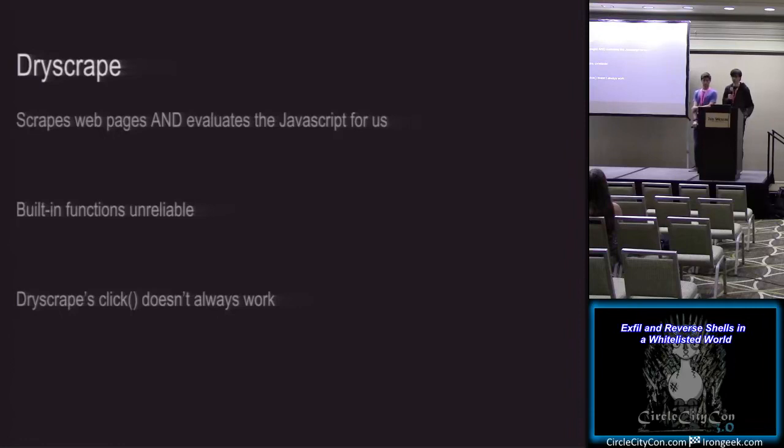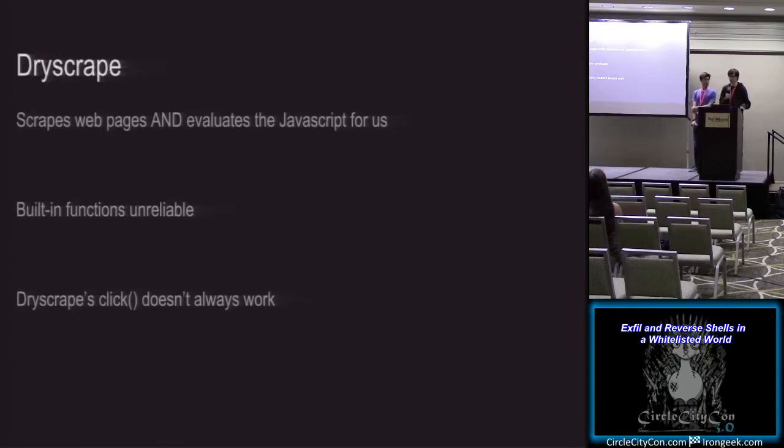DryScrape is really nice because it lets us do this and it lets us run our own JavaScript. But the built-in functions were kind of unreliable. Like DryScrape has this click function which lets you click buttons on the page, but we found that this didn't always work and it seemed to rely on timings. We tried to set up delays in the code, but that was a hackish way to do it and it was inconsistent.